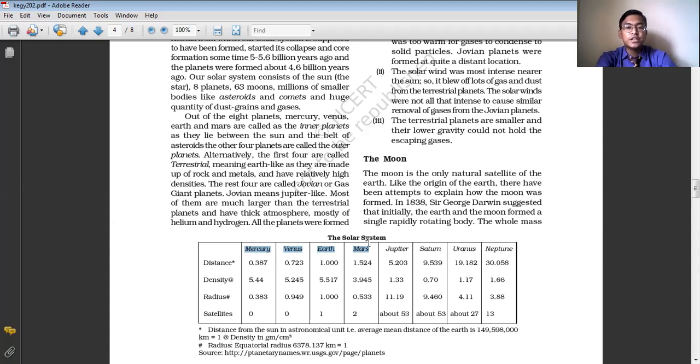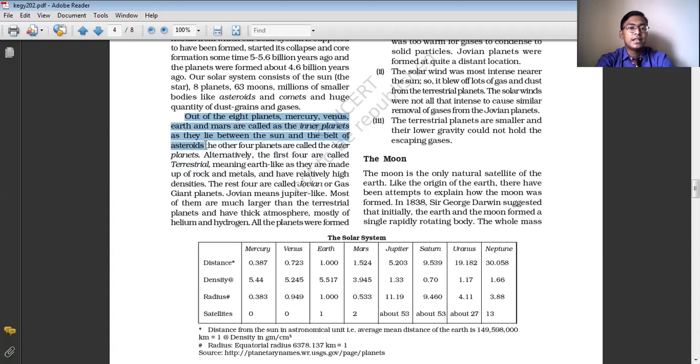The first 4 planets, that is Mercury, Venus, Earth, and Mars, are known as the inner planets. So why are they called the inner planets? Because they lie between the sun and the belt of asteroids.